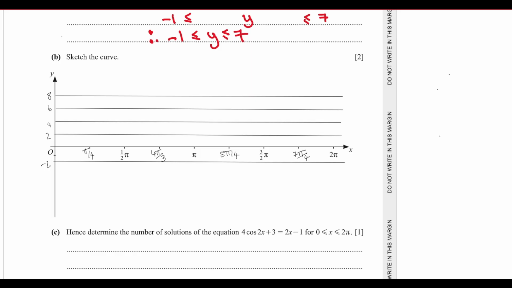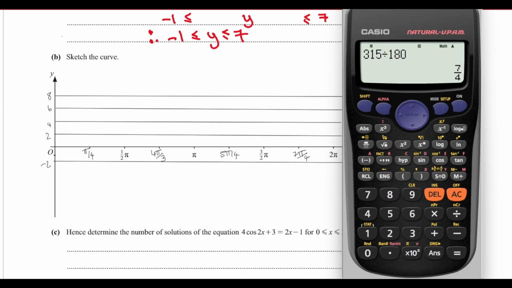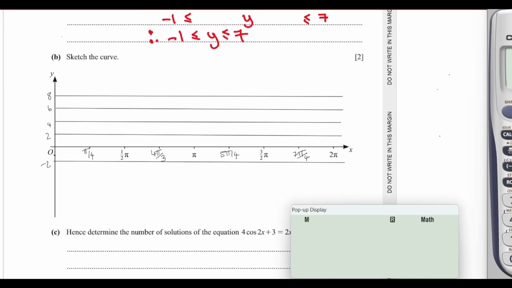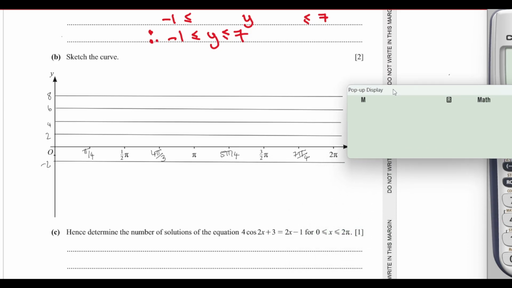Now we need to plot this. I would suggest using a calculator because in the next question you need to draw a pretty accurate straight line through this cosine graph to tell how many solutions there are. So first make sure that if there's an R on your calculator, that means your calculator is in radians.